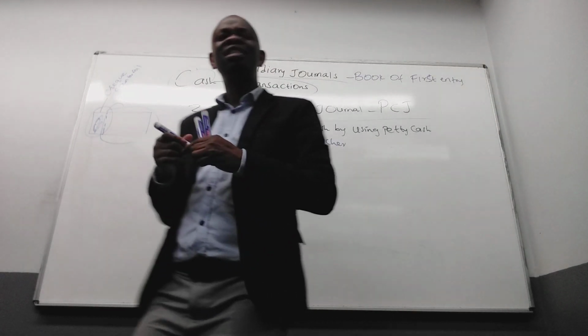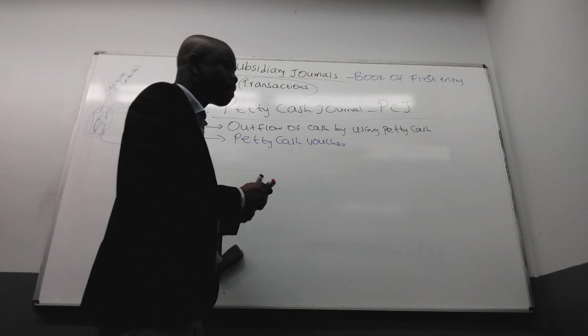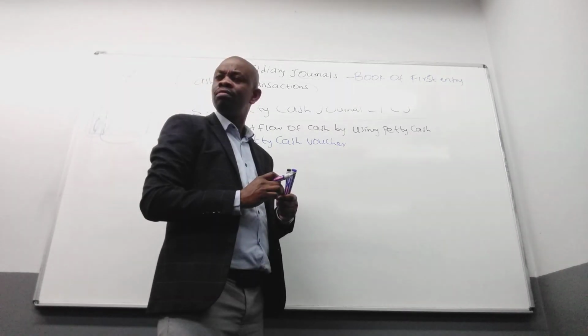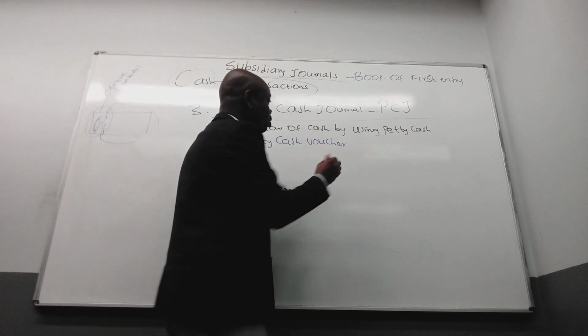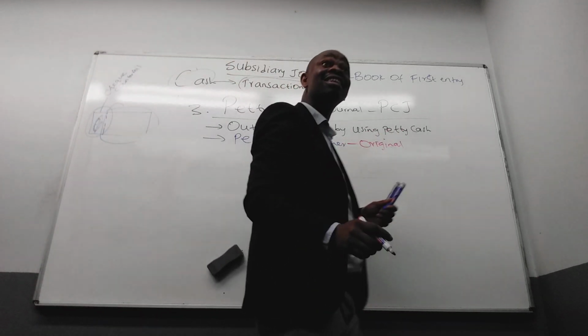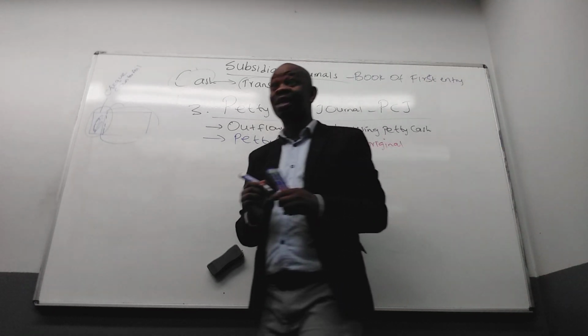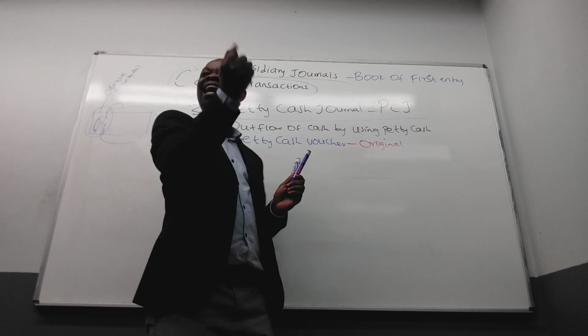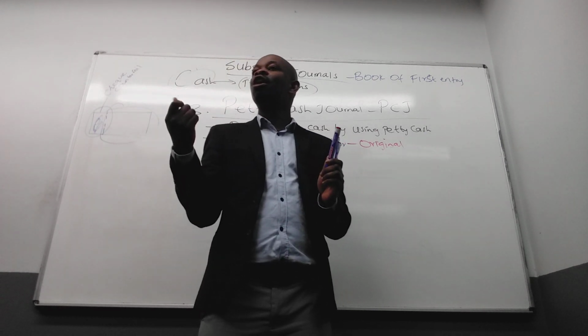Now, is it original or duplicate? Try. Always, what did I say? Always original. There's no duplicate. Are we together? This is going to be attached. Let's say you are going to buy something out of petty cash.